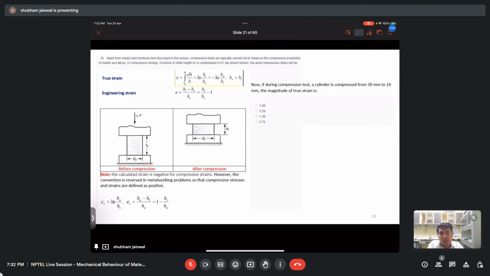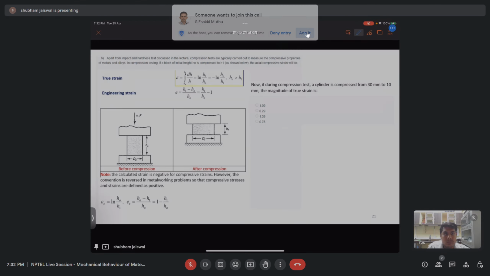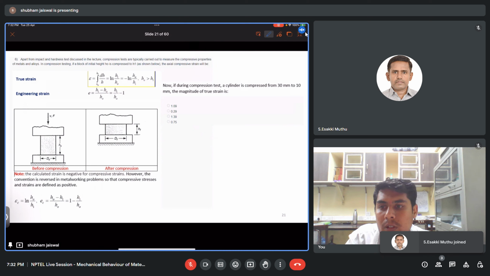So they have given the equation and they have given the heights as well. They are asking: if during a compression test a cylinder is compressed from 30 mm to 10 mm, the magnitude of true strain is. Please try to answer this question.